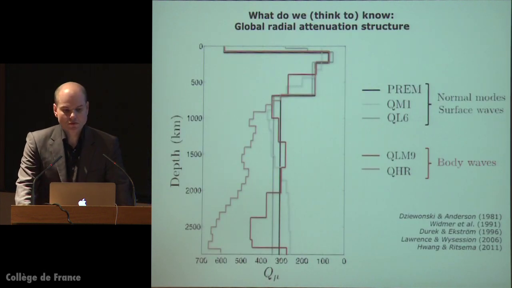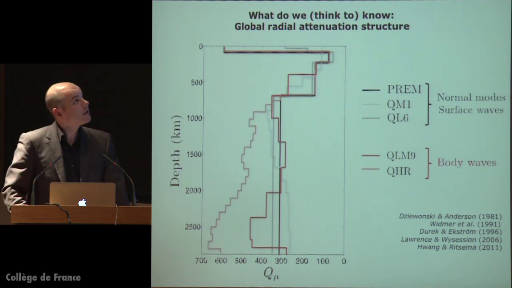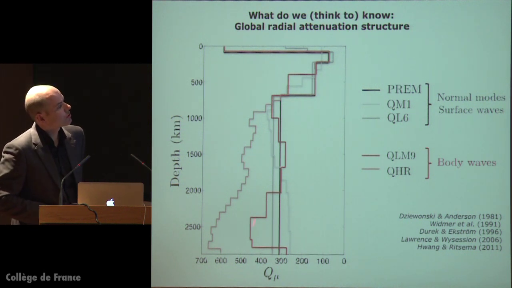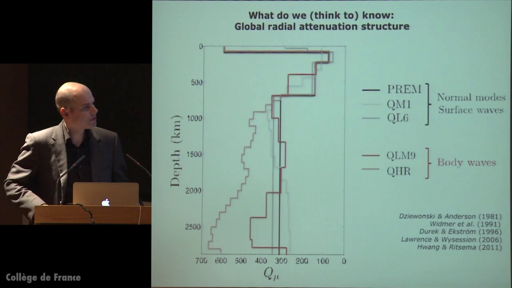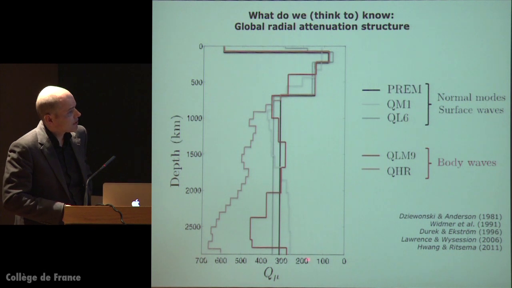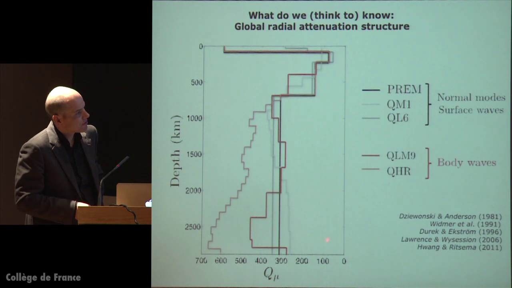So what do we know, or let's say what do we think we know, about the attenuation in the mantle? In terms of 1D models, I just plot here a few classical 1D attenuation models: PREM, QM1 from Widmer, QL6 from Durek and Ekström, QLMNF from Lorenz and Wiessession, and QHR from a recent study by Huang and Ritsema. If you look as a function of depth and Q, here it's 0, so it's very elastic, and here it's very attenuating.